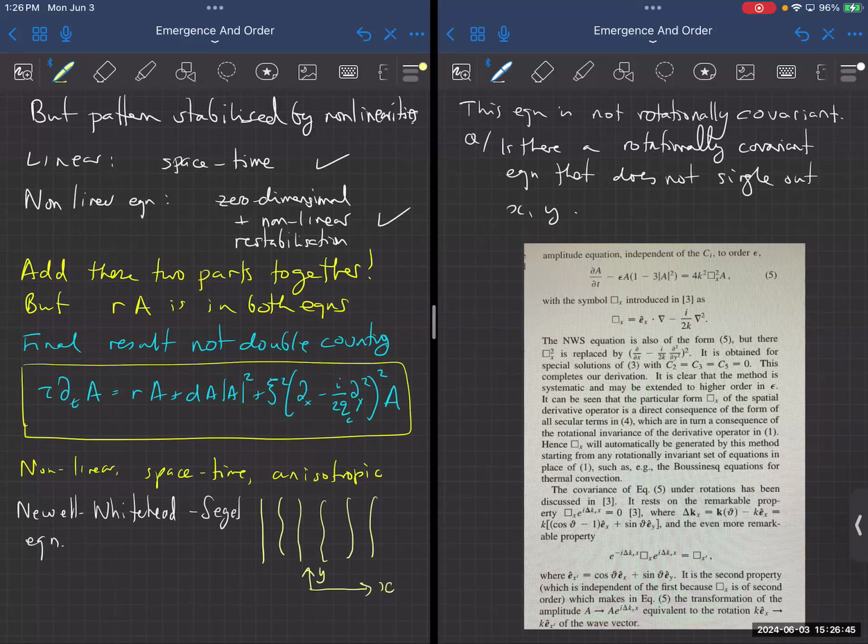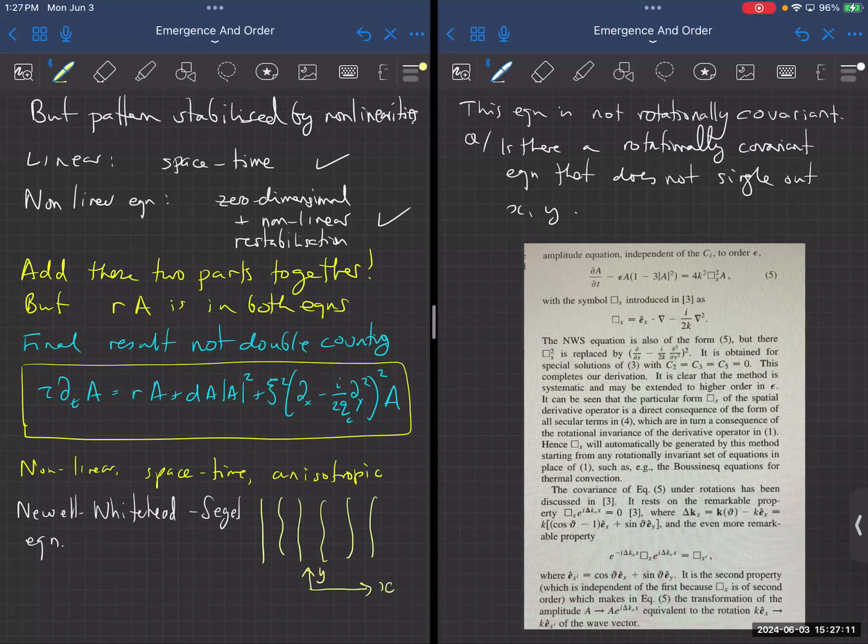This object here, this square thing squared, is this operator. And this operator you can show is rotationally covariant. So this describes a system where you don't have to say, oh, there's rolls in the Y direction, I'm looking at variations in the X direction. You could just say, here's a system, it goes unstable, and what do you get?